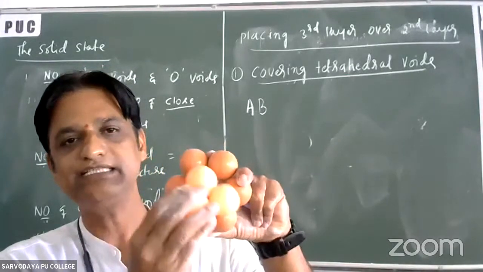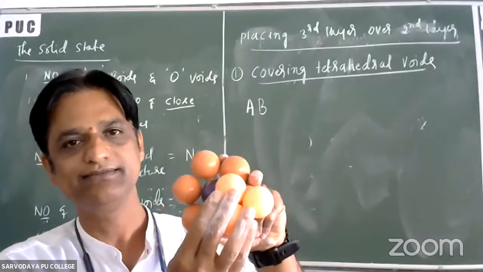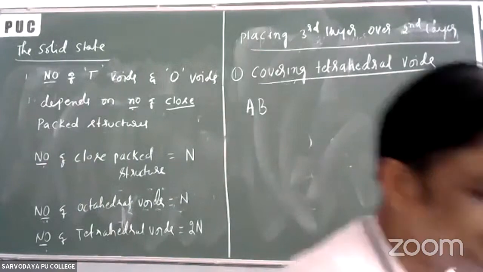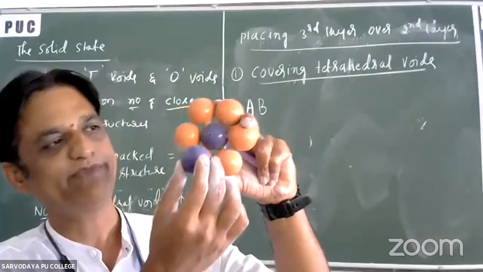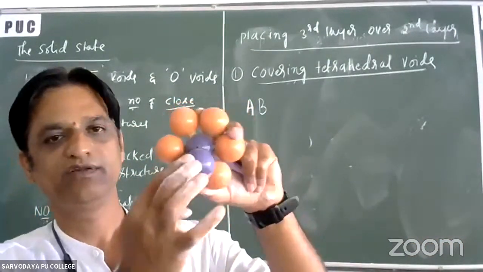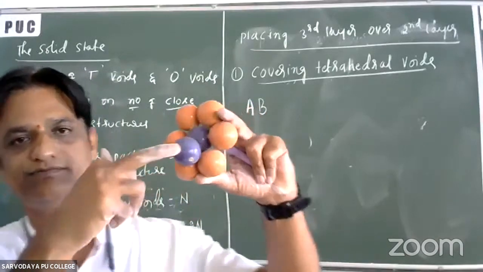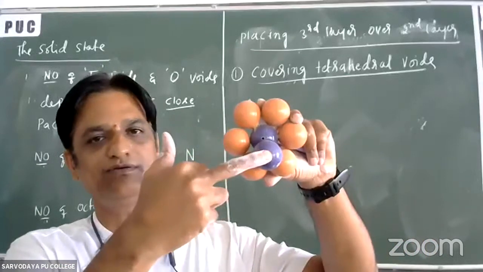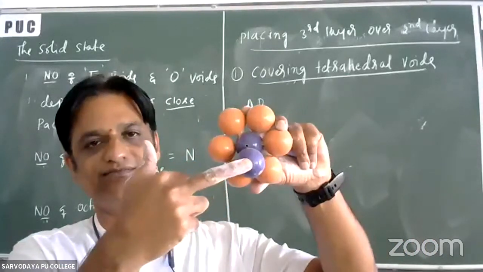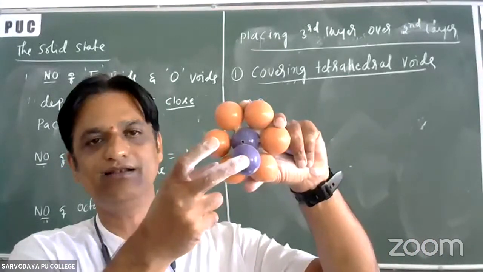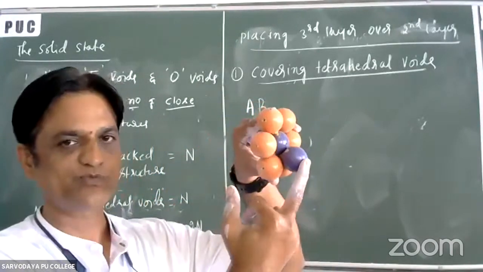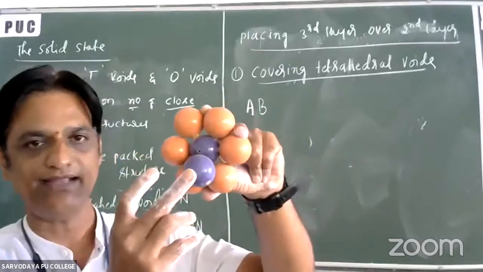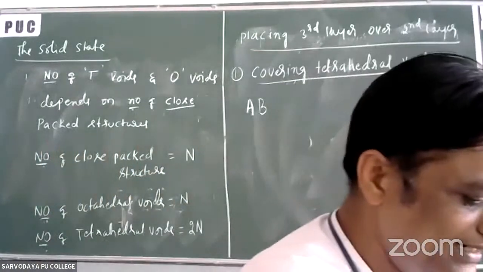When the sphere covers the triangular void, like this, this is a sphere, see, when it covers like this, now a tetrahedral void will be generated. So why is it called tetrahedral? If you join the centers of four spheres, then you will get a tetrahedron.